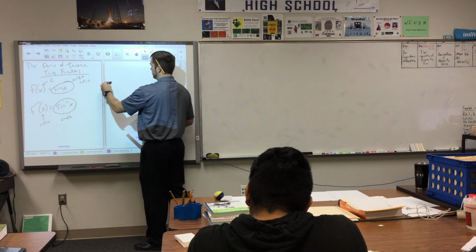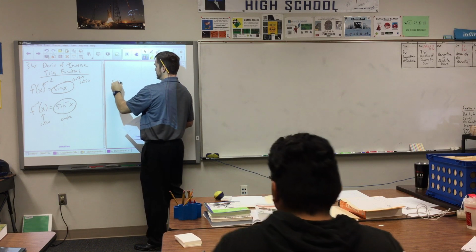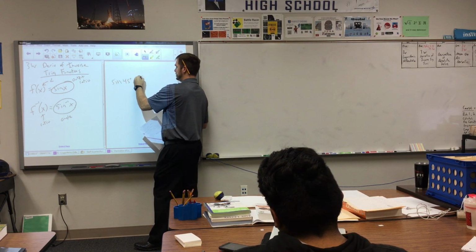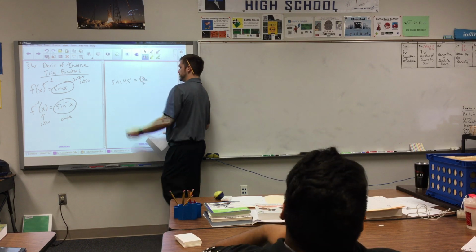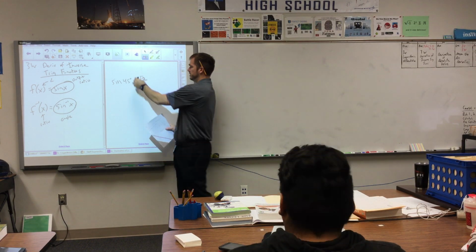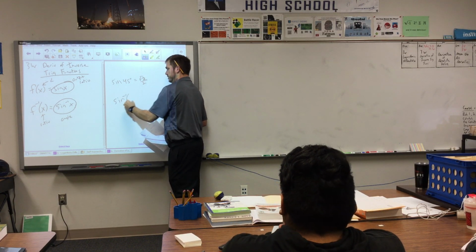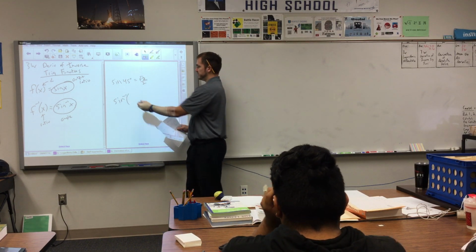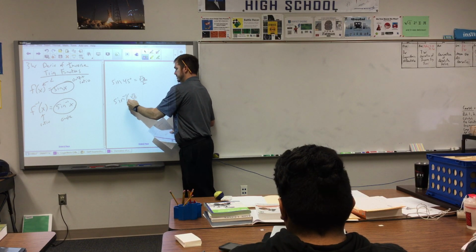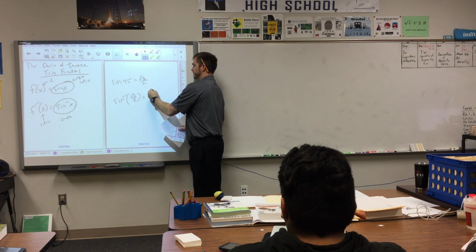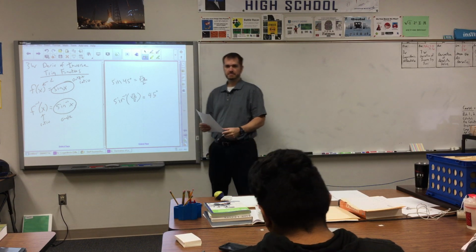So, looking forward, you might say sine of 45 degrees is root 2 over 2. Input the angle, output the ratio. With inverse sine, you would say inverse sine of root 2 over 2, and the answer would be 45 degrees.